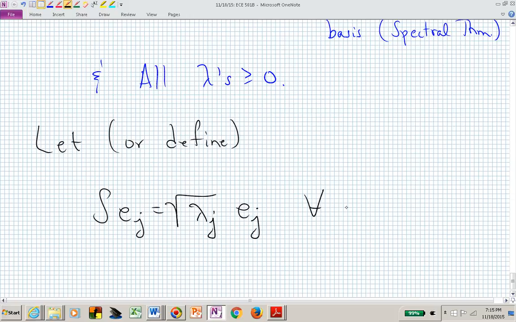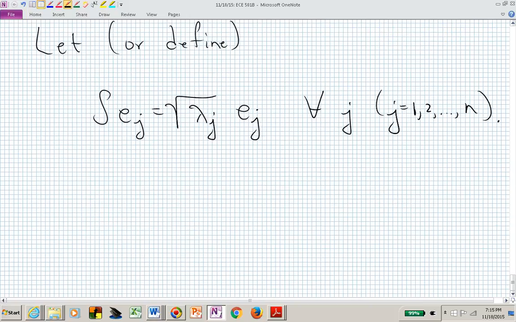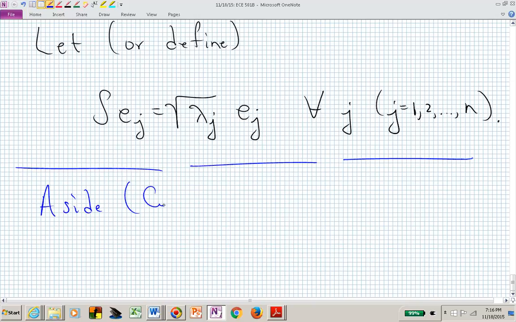And let's do that for all j, where j ranges over all n orthonormal basis vectors. So that's what we are defining S to be, satisfying that condition. We can use that relationship to construct a square root. That's what S is going to turn out to be.